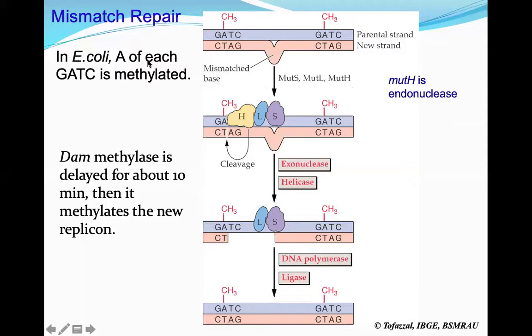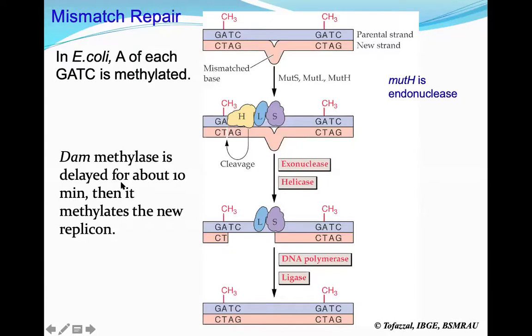In E. coli, the A of each GATC, whatever you see, is methylated. You can see here is the methylation, here is the methylation. So these endonucleases detect and cut. Here you see it is cutting.